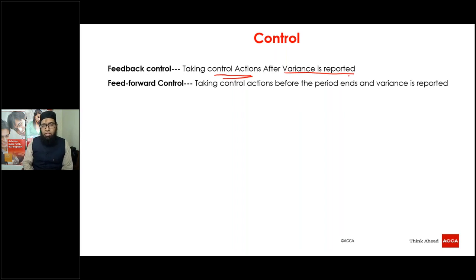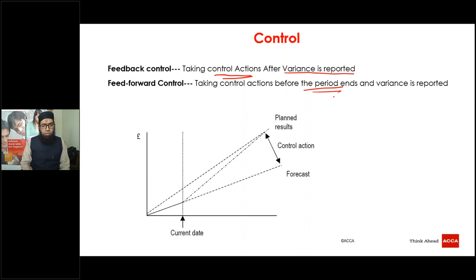That means the budgeted period has already gone. Whereas feed-forward control is taking control actions before the period ends. So the period has yet to end. This is how we can illustrate it on the diagram.